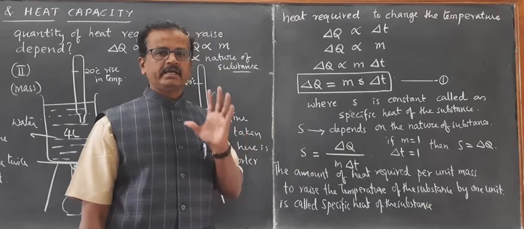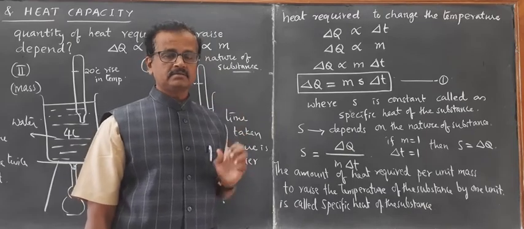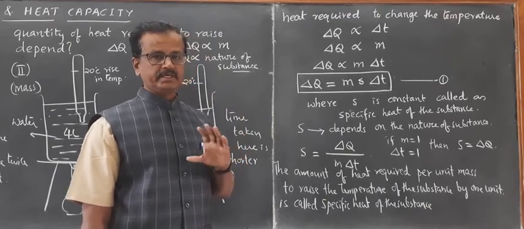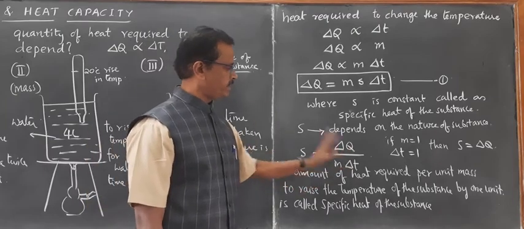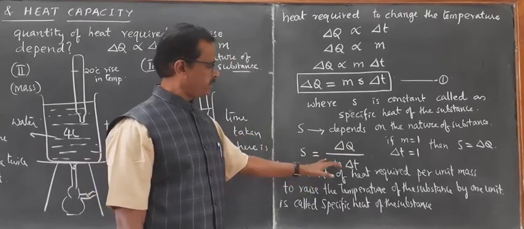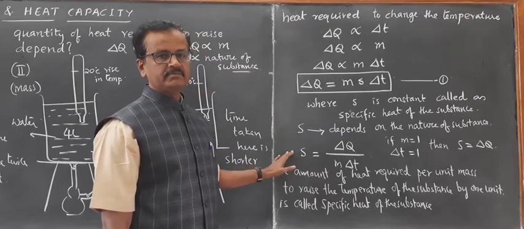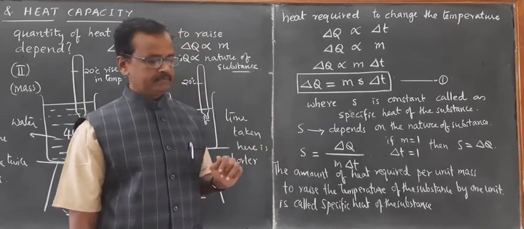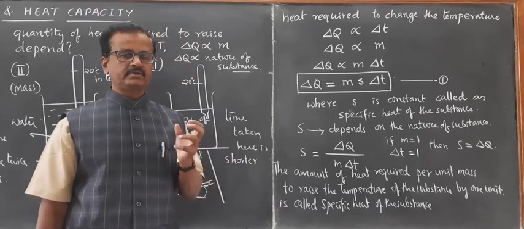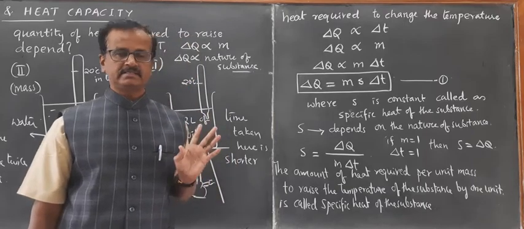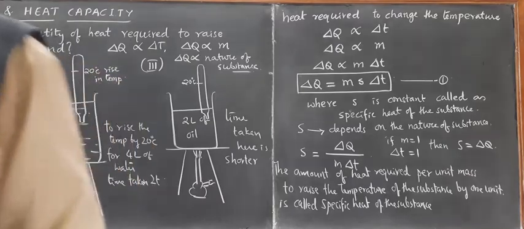So heat capacity will be just delta Q by delta T. There will not be m; m is taken to the left hand side. Heat capacity has a different notation. It will be denoted by capital S.